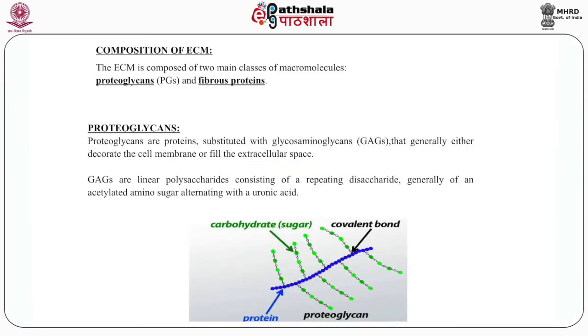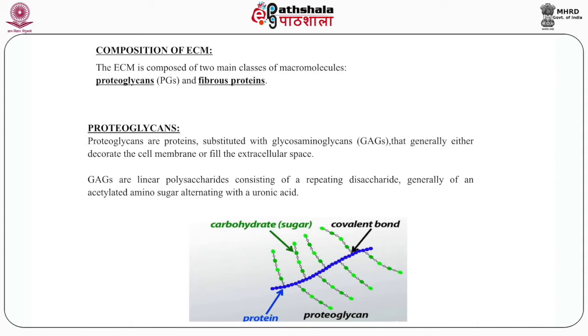Now, the next step is to understand the composition of the ECM. The ECM is composed of two main classes of macromolecules. One is the proteoglycans and the second is the fibrous proteins.